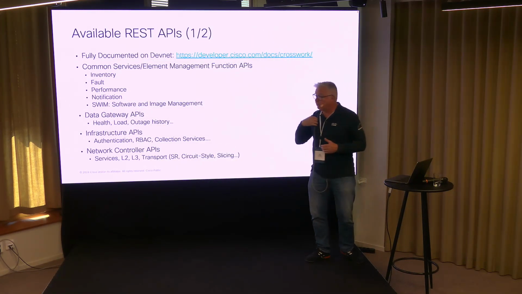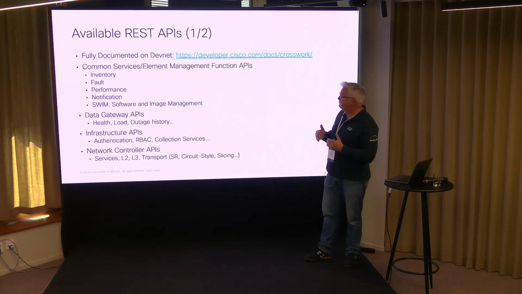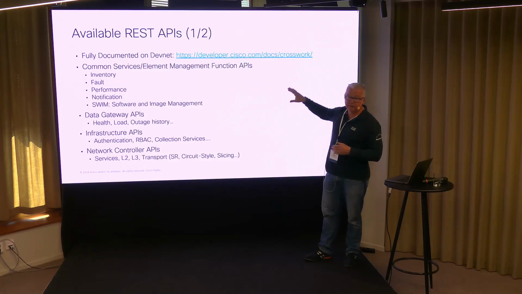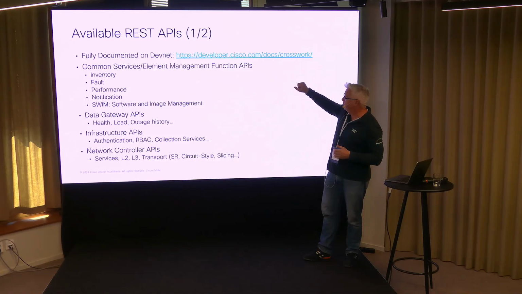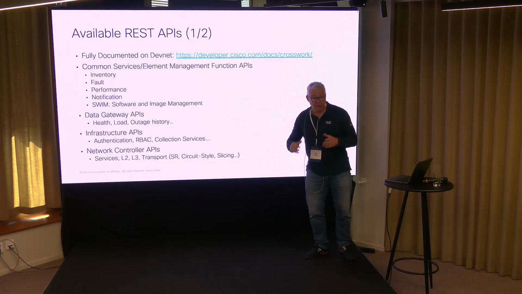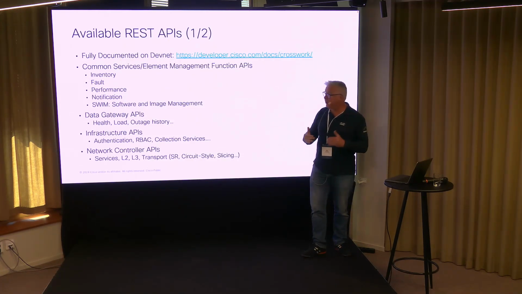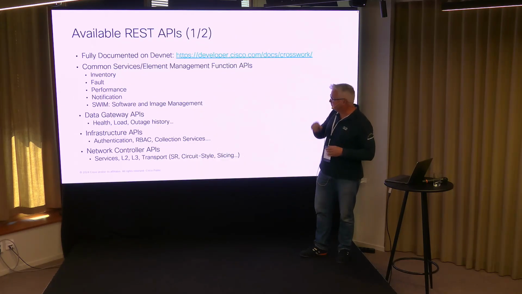I'm not going to go into all the details of the APIs. They are fully documented on DevNet, and you will have the link in the presentation. You can find the documentation for these APIs, all the details.